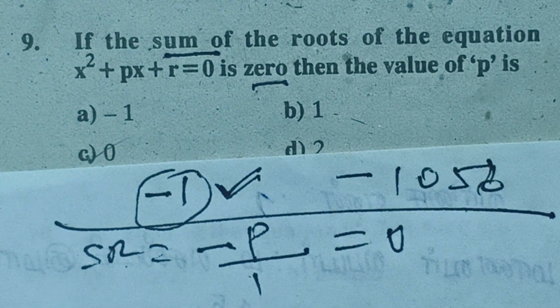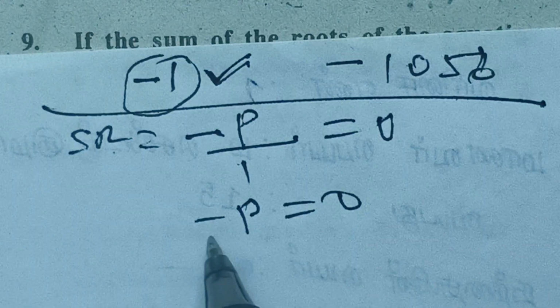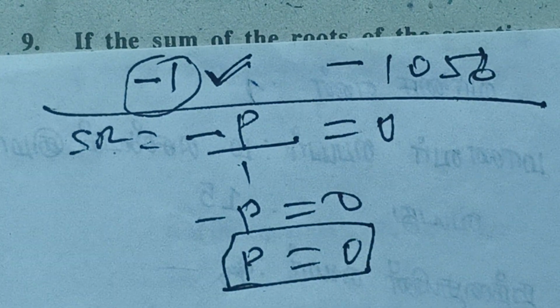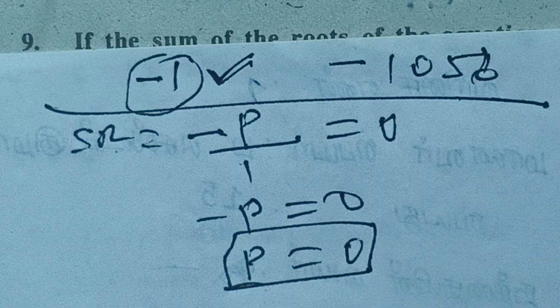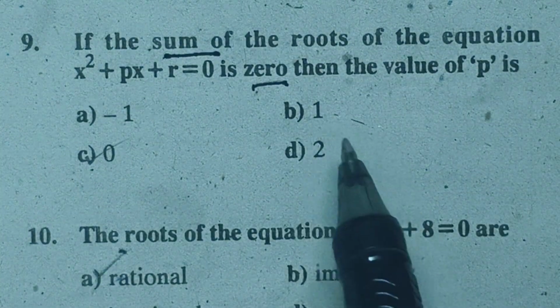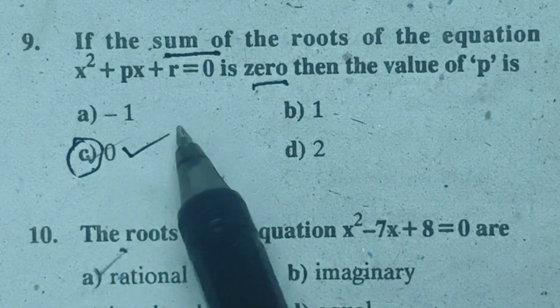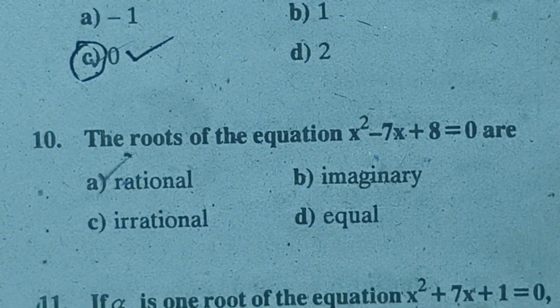Minus p is equal to 0. Also plus p is equal to 0. This is the answer. The value of p is 0 only. Option C is the correct answer. Next, question number 10.